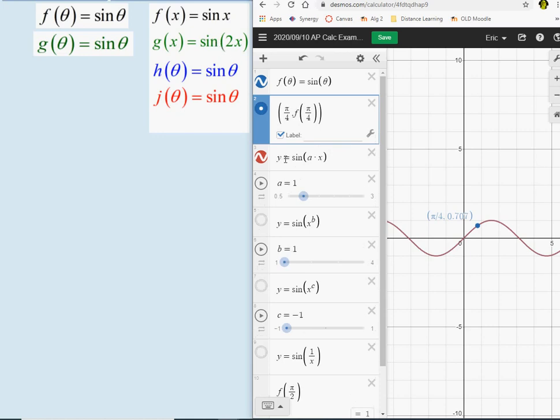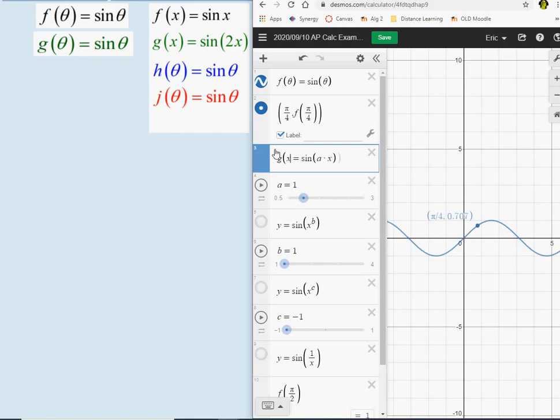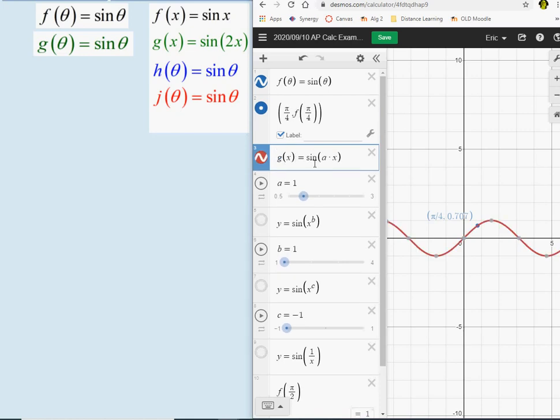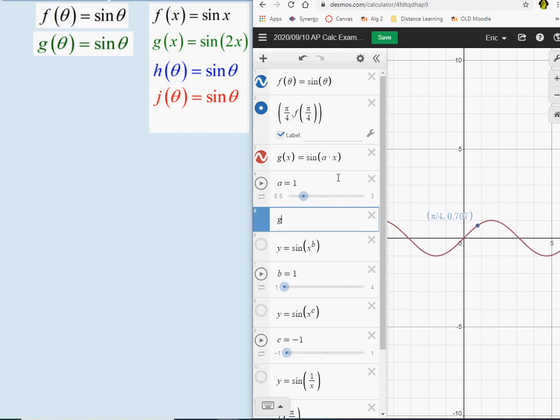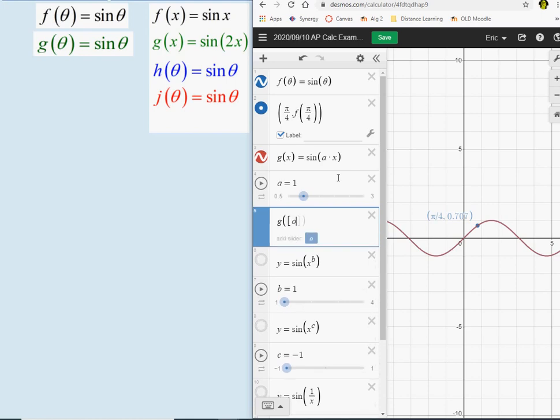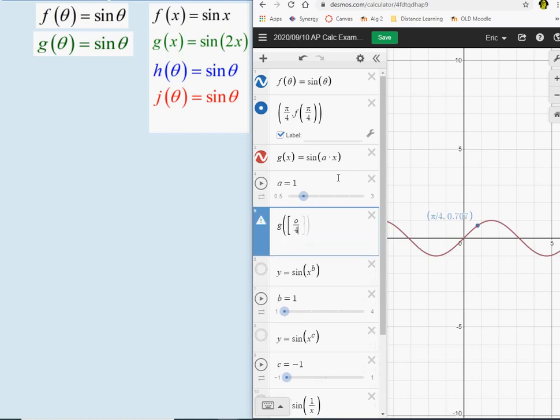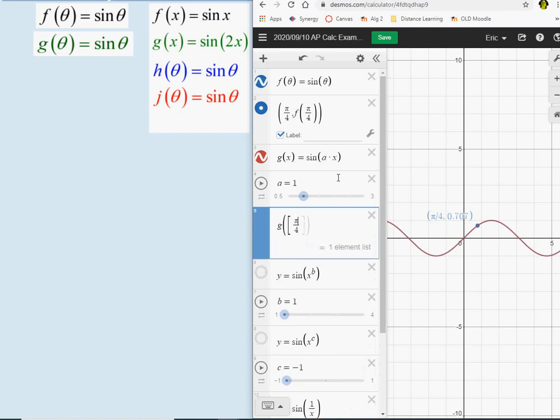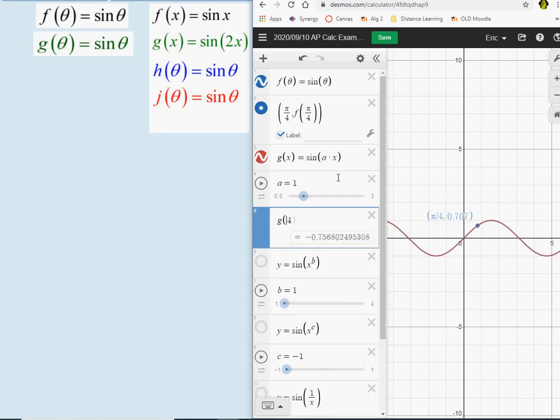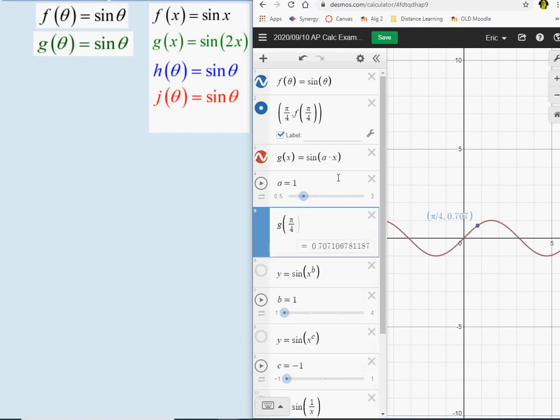On the green function, I'm going to call this g of x, let's say. g of x equals sine of a times x. Okay? And I want to go down here. I'm going to do g of pi fourths. Let's make it a point instead: pi fourths, g of pi fourths.